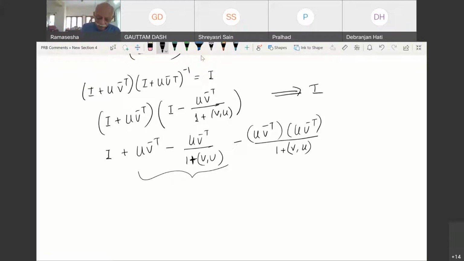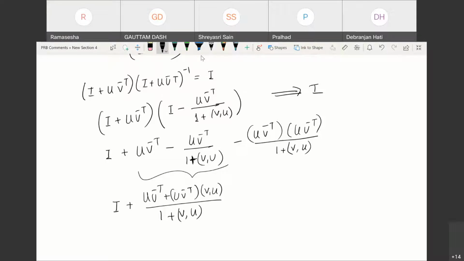That is I plus UV bar transpose plus V bar transpose into V comma U. Minus UV bar transpose, I'll get.